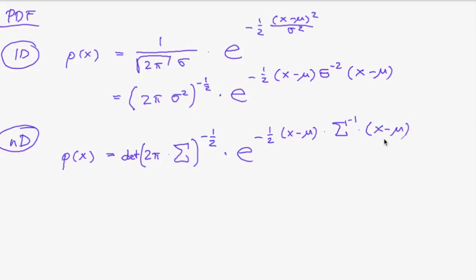And since these are now vectors, again, I need here a transpose to get this quadratic form. So this is the multidimensional Gaussian or normal distribution, where x is an n-dimensional vector and mu is also an n-dimensional vector, and the covariance matrix is a matrix of n rows and n columns.